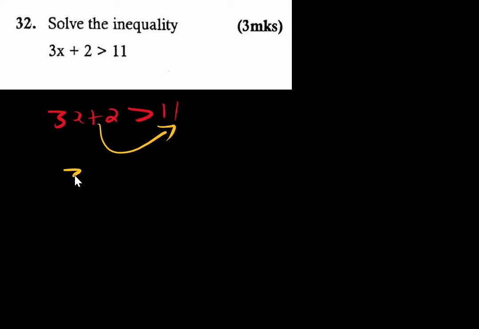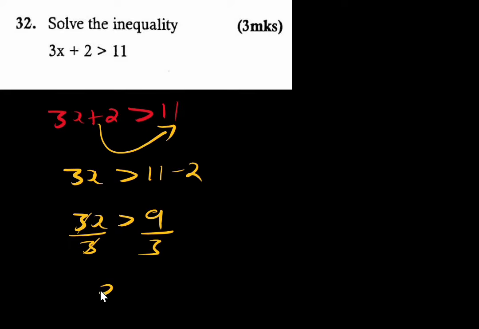So here I remain with 3x is greater than 11 minus 2. You get 9. We divide by 3. You can see my x is greater than 3. So we score those 3 marks. We continue to the next question.